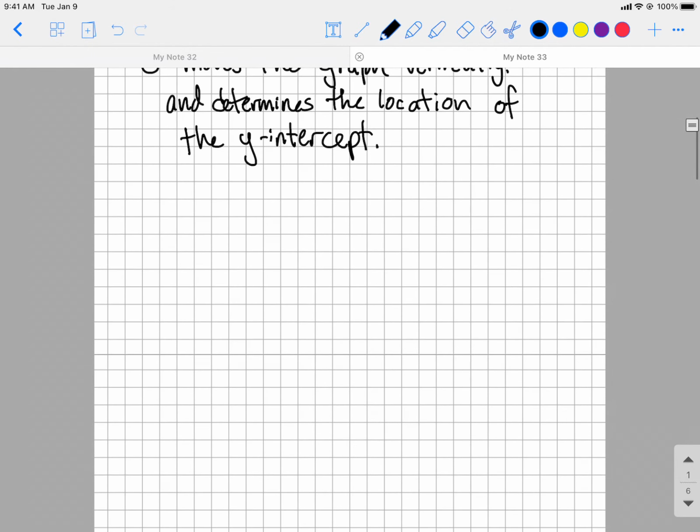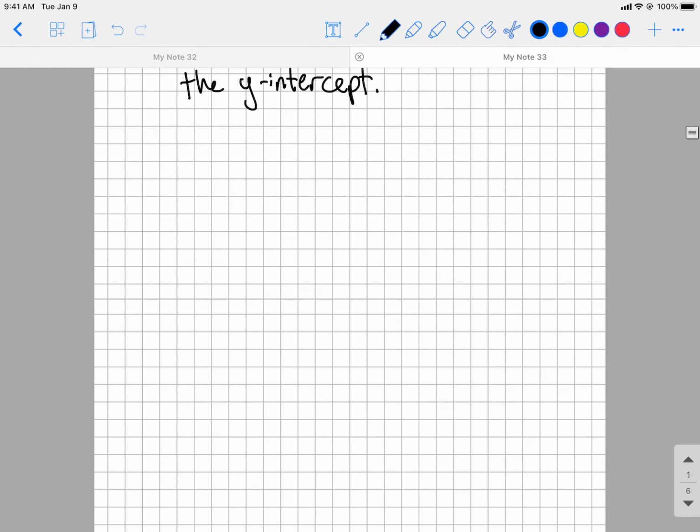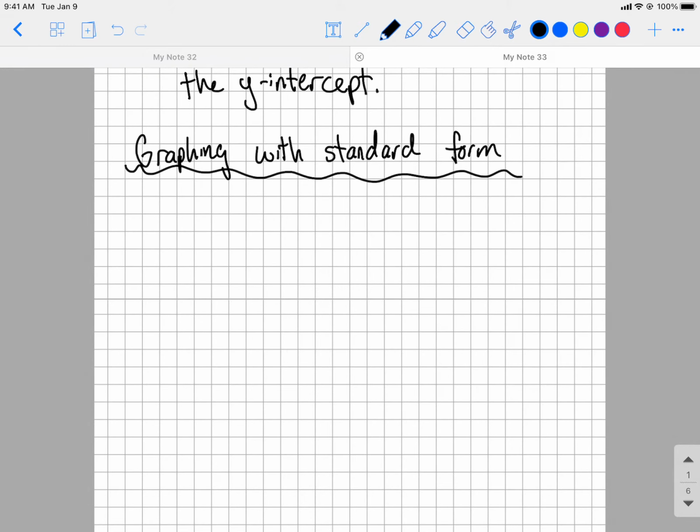So you might be wondering how we're going to graph with standard form. So graphing with standard form. And here's the trick. If we want to graph with standard form, all we have to do is not do that.